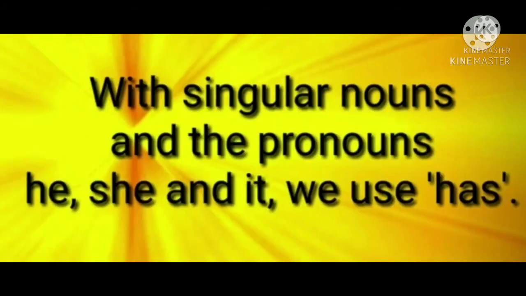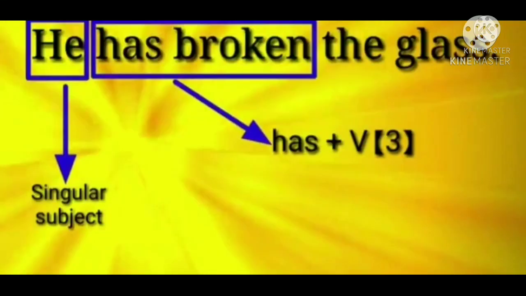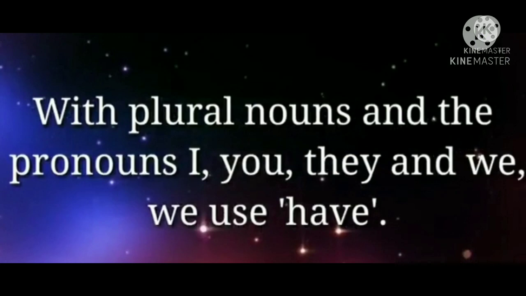The formula for present perfect tense is subject plus has or have plus V3. With singular nouns and the pronouns he, she, and it, we use has. For example, he has broken the glass. With plural nouns and the pronouns I, you, they, and we, we use have. For example, they have closed the gate.